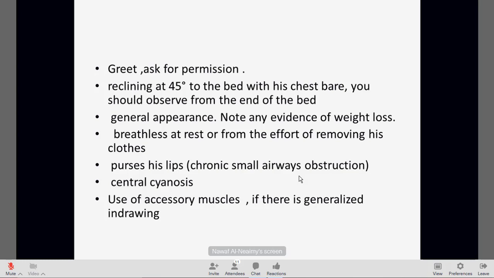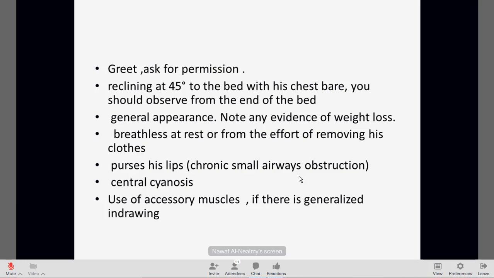There might be an oxygen bottle beside the patient, or he might be actually connected to it via a face mask, via a nasal cannula. So anything that's surrounding the patient might give you a clue.